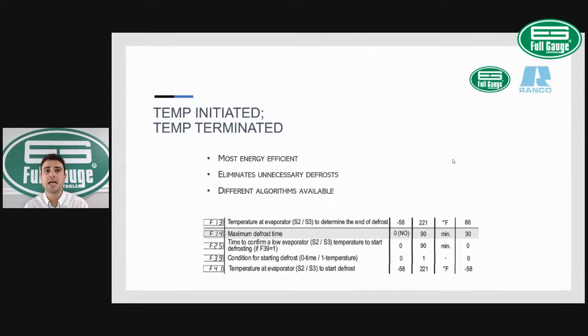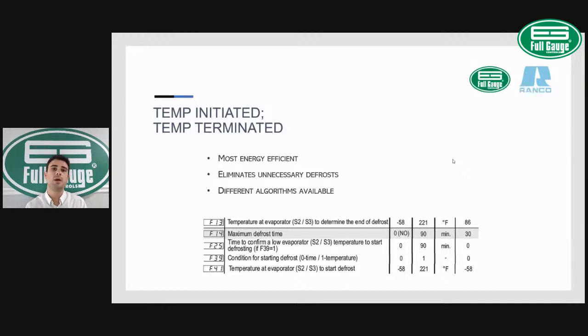One way to do that is by monitoring the coil temperature and adding some validation times to prevent false defrost calls. Another way of doing it is to monitor the temperature difference between room and the coil. And when there is an increase in the temperature difference, it means that the system is losing efficiency, therefore a defrost cycle is required.